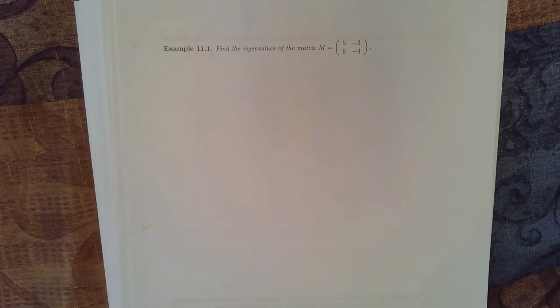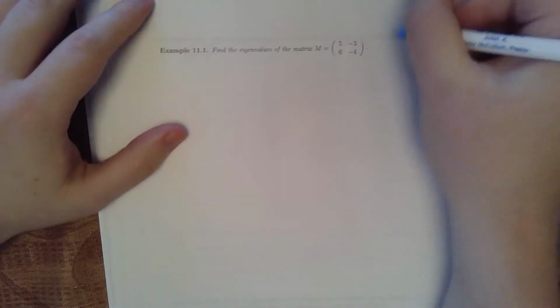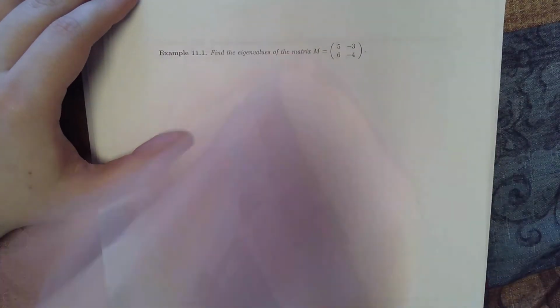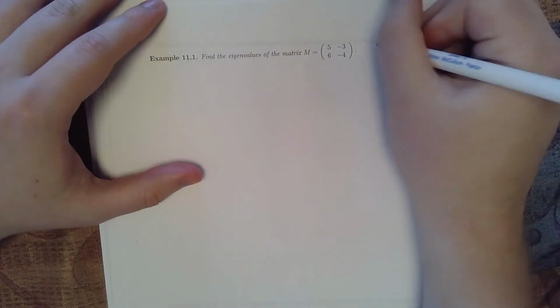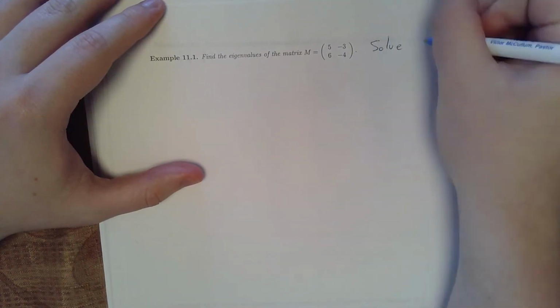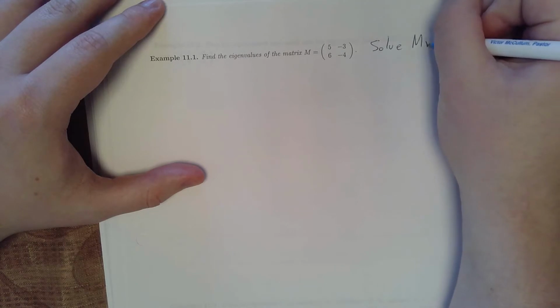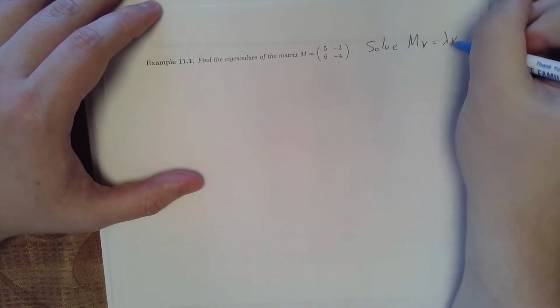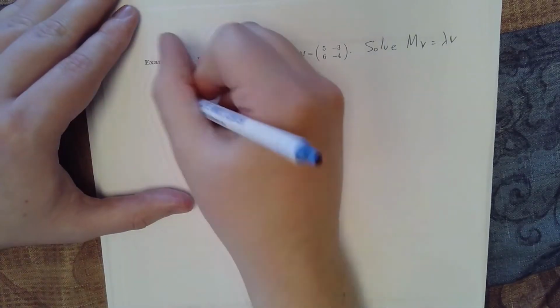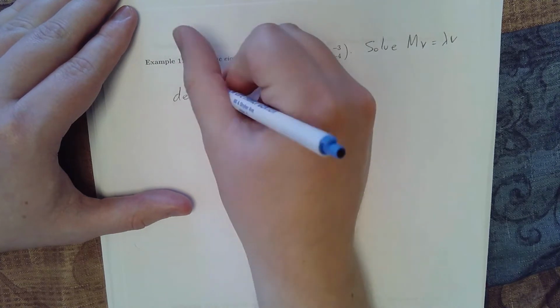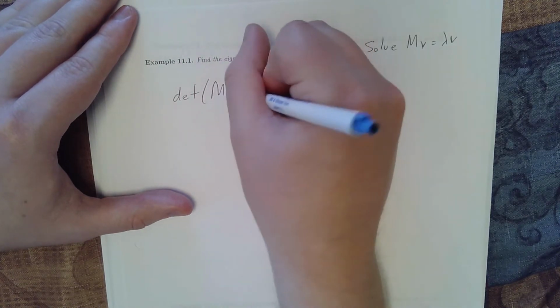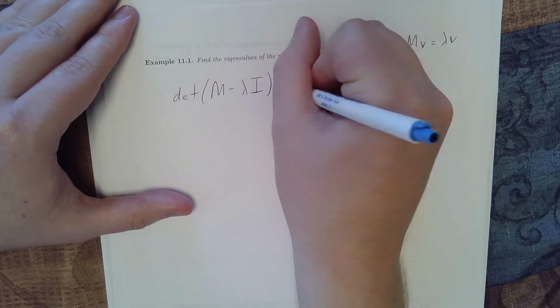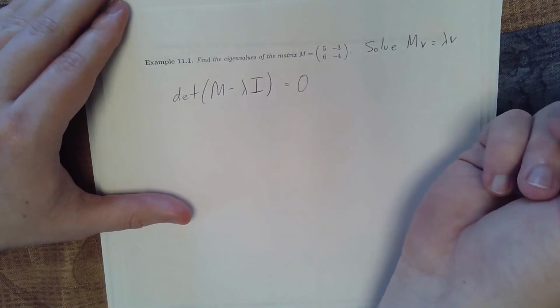Alright, so let's go through an example where we just find the eigenvalues. Our goal is to solve for the matrix times a vector equals lambda times some vector. And that's going to work for a specific value and a specific set of vectors. So we'll start off with the determinant of the matrix minus lambda times the identity, which we'll set equal to 0.